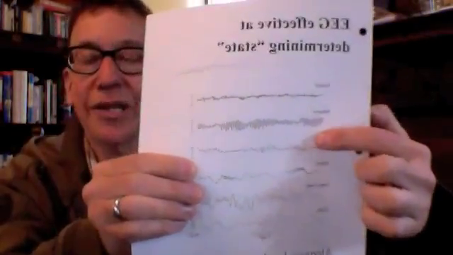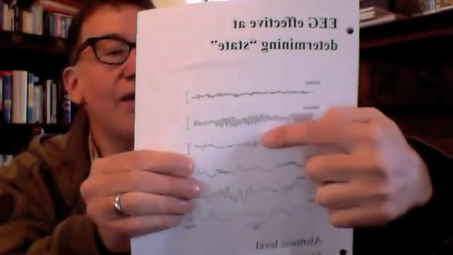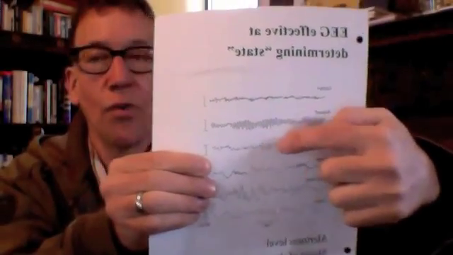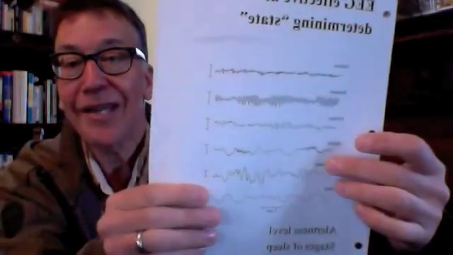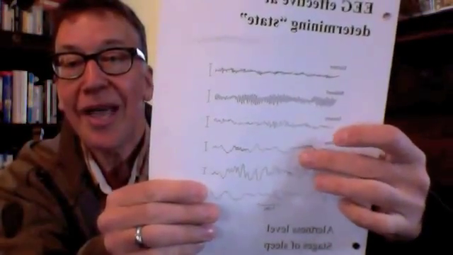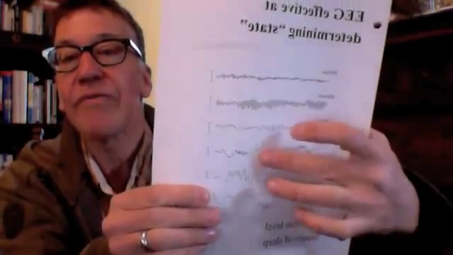Then as you start to get drowsy, you start to see higher amplitude, slower waveforms. This reflects even less information processing. There's slower frequency and higher amplitude. As you fall asleep, you get much higher amplitude and much slower waveforms.